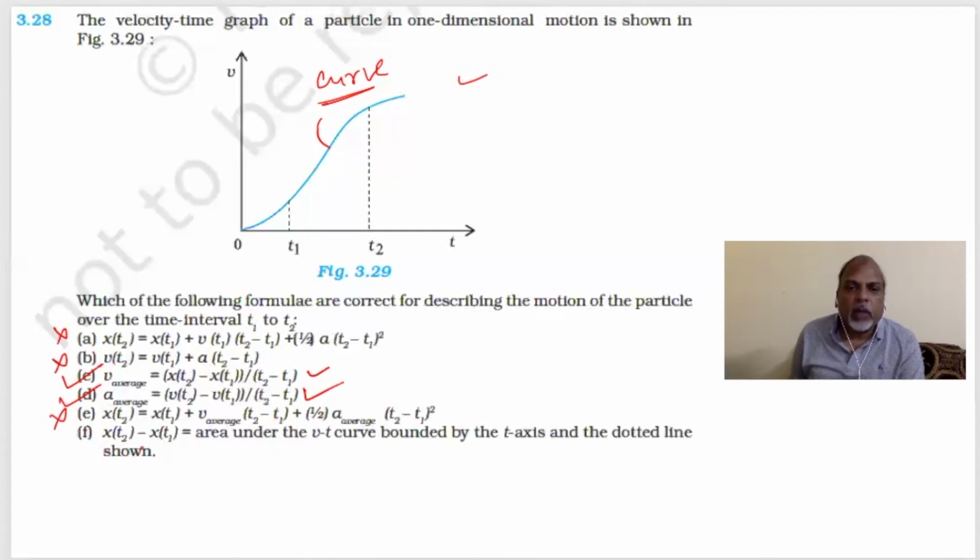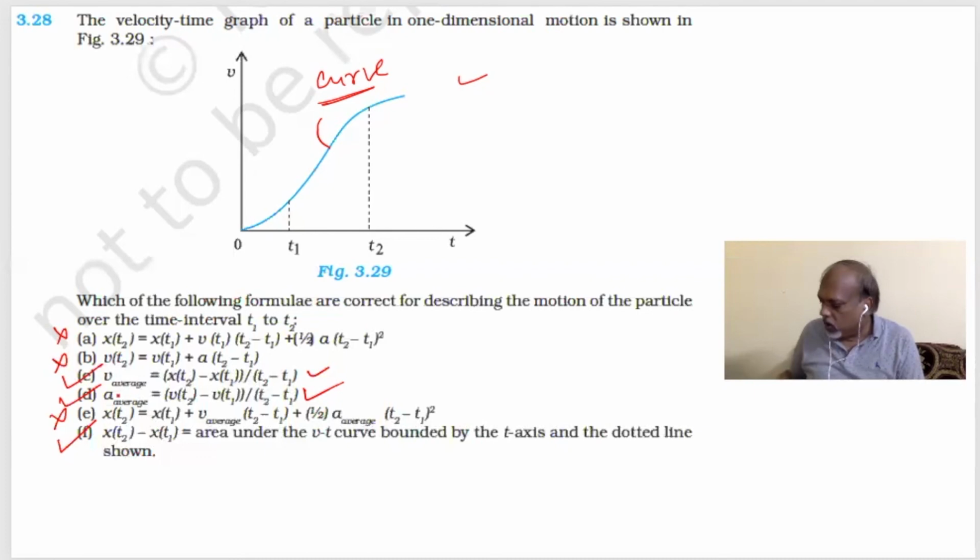Then x2 minus x1 is the area under the velocity-time graph bounded by the t-axis and the dotted line shown. Of course, this is okay because if you are able to find out the area under the curve correctly, then of course you can find out x(t2) minus x(t1), because in a VT graph the area under the curve gives the distance.